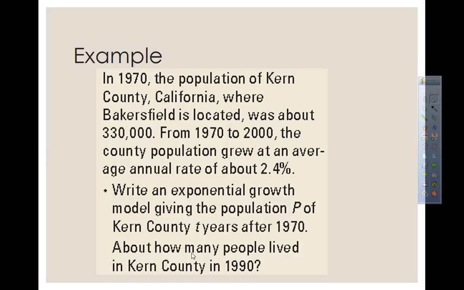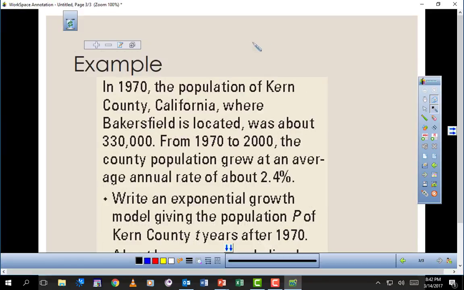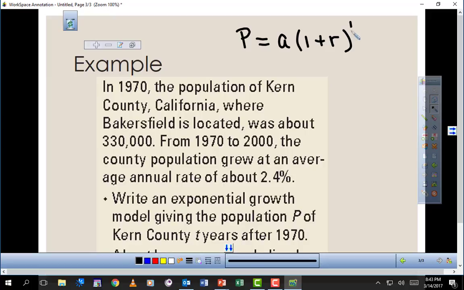Okay, so this problem, it's pretty easy. We just start out by writing that formula. We're going to say P is equal to the initial amount, and the initial amount is usually A, and then they have 1 plus r there, and then they have t here.